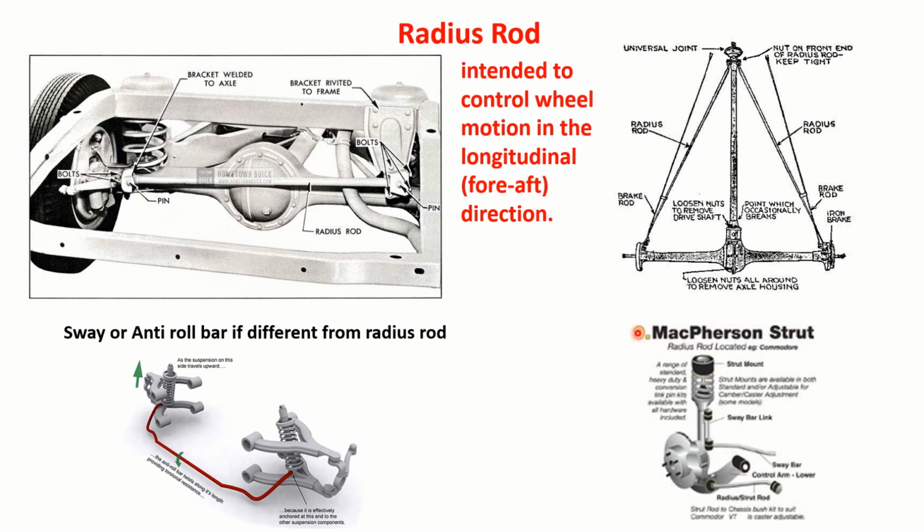If you see the suspension in the vehicle, later we will study the various types of suspension. You will have a radius rod that is separate. In addition to that, you will have a sway bar, correct? This we call it as anti-roll bar. Anti-roll bar, correct? This is something about the x-axis. The vehicle will be trying to roll.